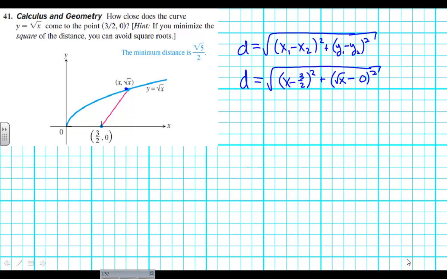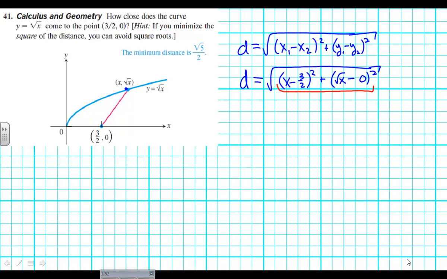But they drop a big old hint on us to make our lives easier. While it is true that we can take the derivative of d and find our path to the solution, an insight is that if I can minimize the stuff underneath the radical sign, which has a special name, the radicand, I will have minimized the function.